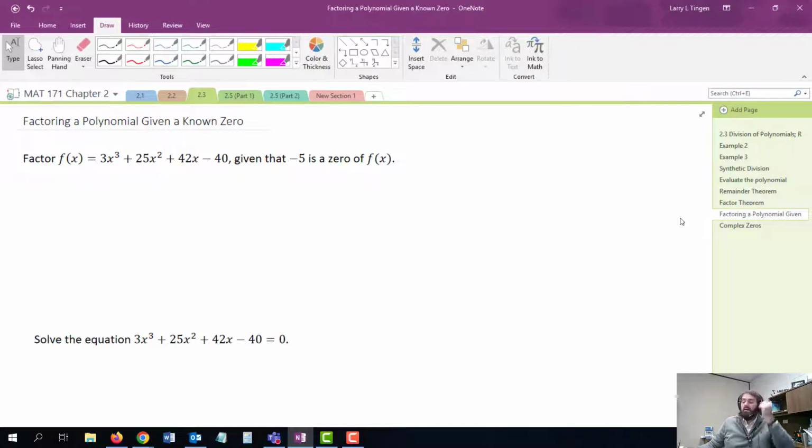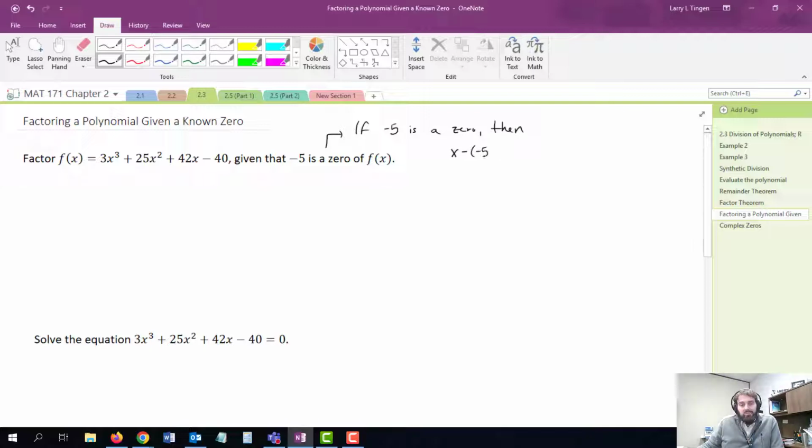So if negative 5 is a 0, then x minus negative 5 is a factor of f of x, right?